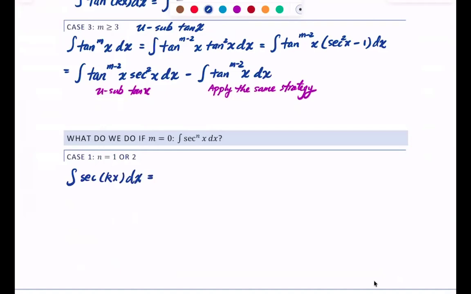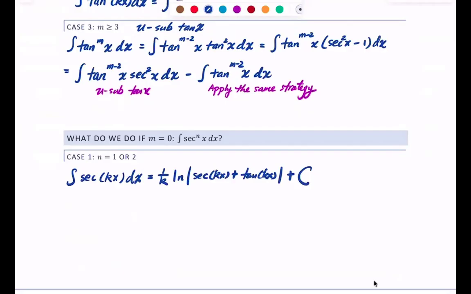Do you have this formula on your cheat sheet? Secant kx over k. Okay, my bad. This is from 8.1, so it's not on your cheat sheet.